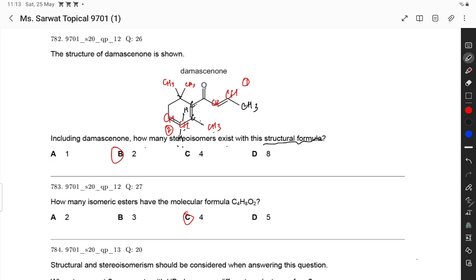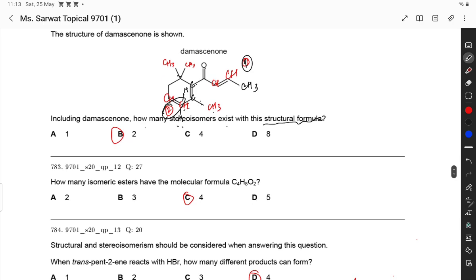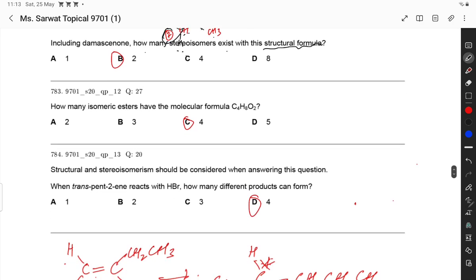So one compound, one chiral, is this stereoisomer, another is this. So there are 2 stereoisomers with this structural formula.